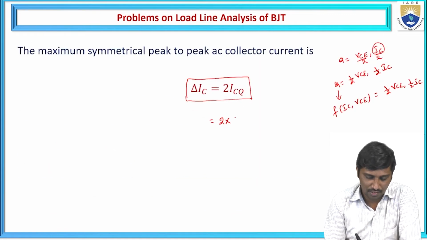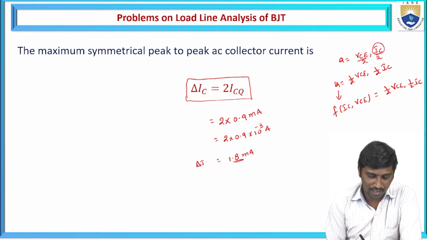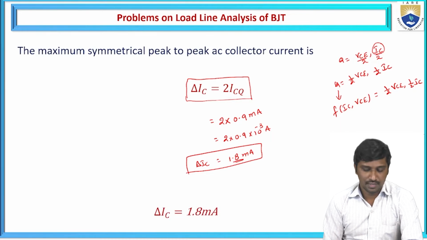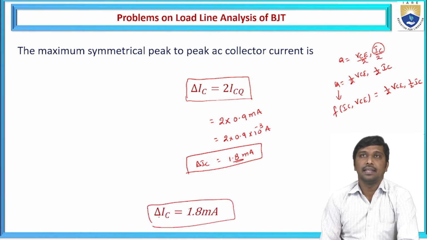Hence it is 2 into 0.9 into 10 to the power of minus 3 amperes, which is equal to 1.8 milliamperes. So this is delta IC. That is the reason delta IC is represented as 1.8 milliamperes.